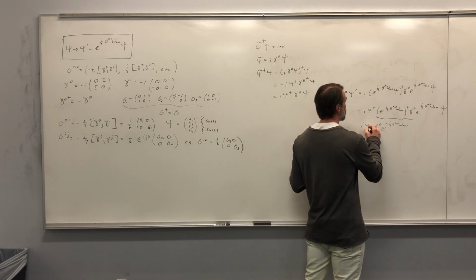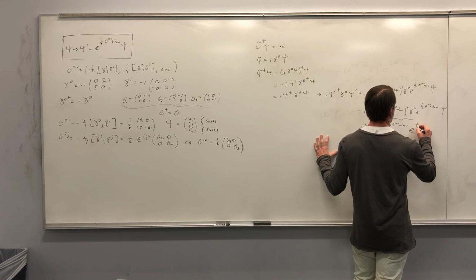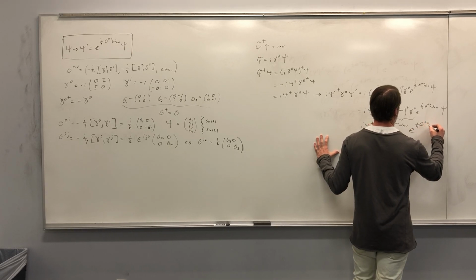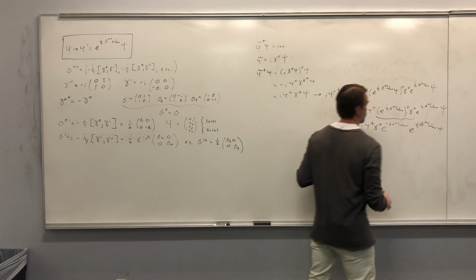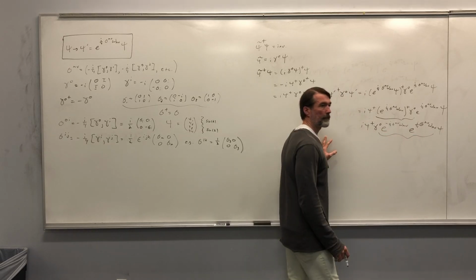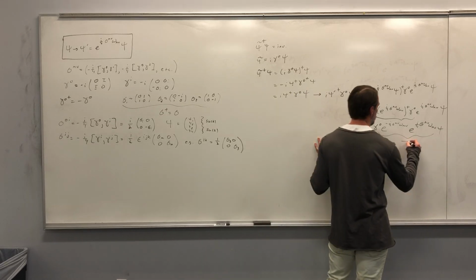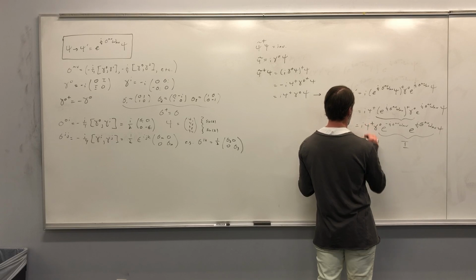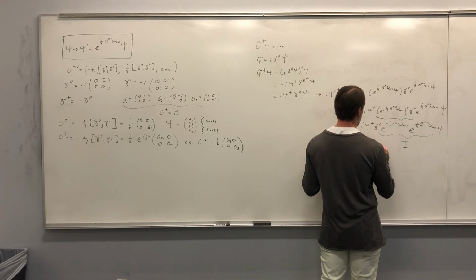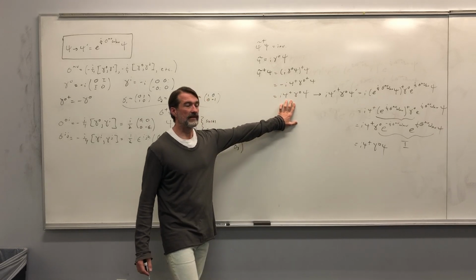But of course, what is useful to see now is that, what are these? Any takers? The identity. So we end up with i psi dagger gamma 0 psi, which is exactly what we started with.